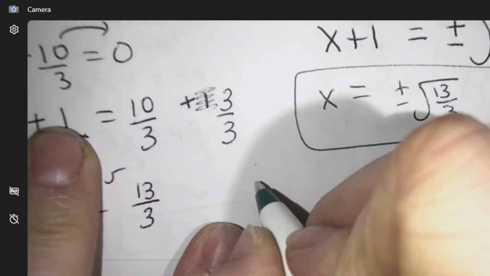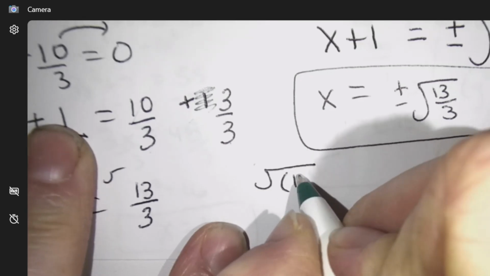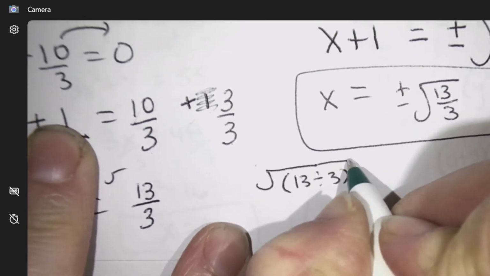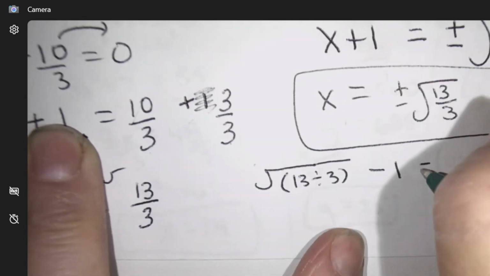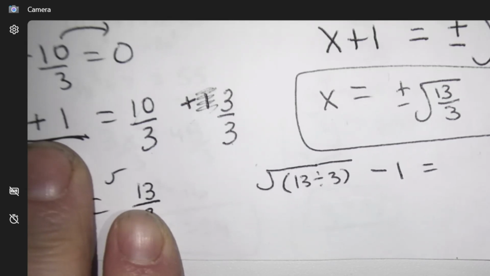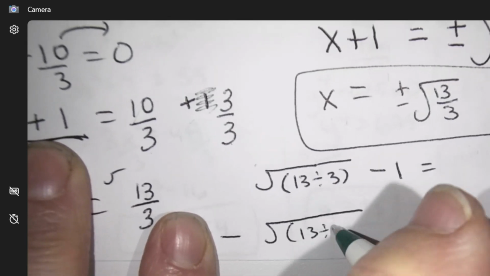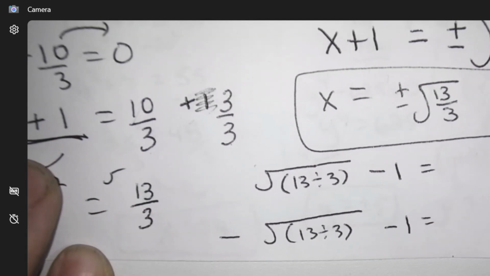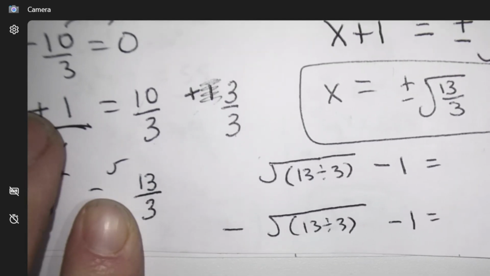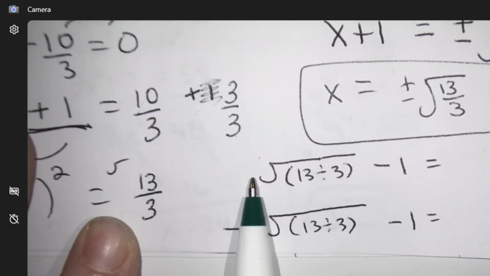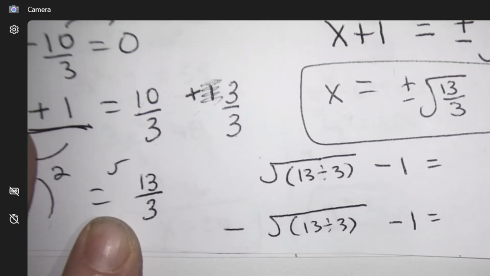Okay, so your calculator should look like this for one of them. And then your calculator should look like that. So once where it's plus and once where it's minus.